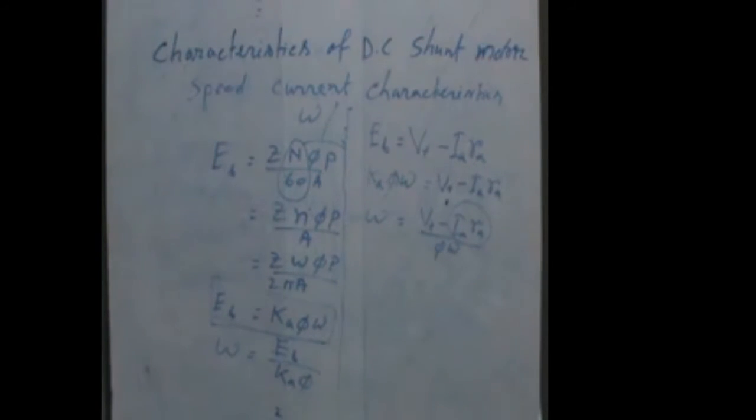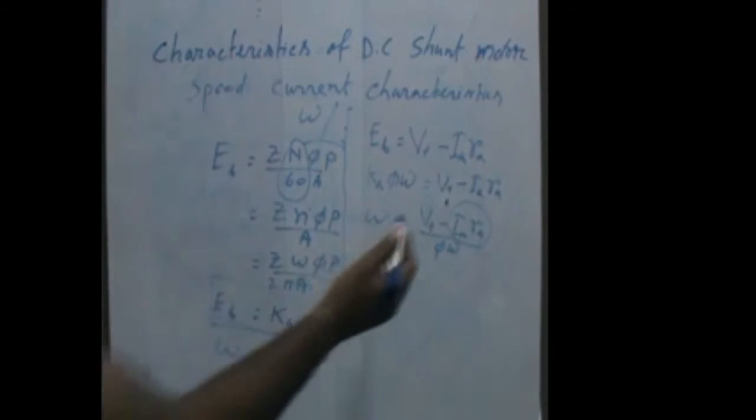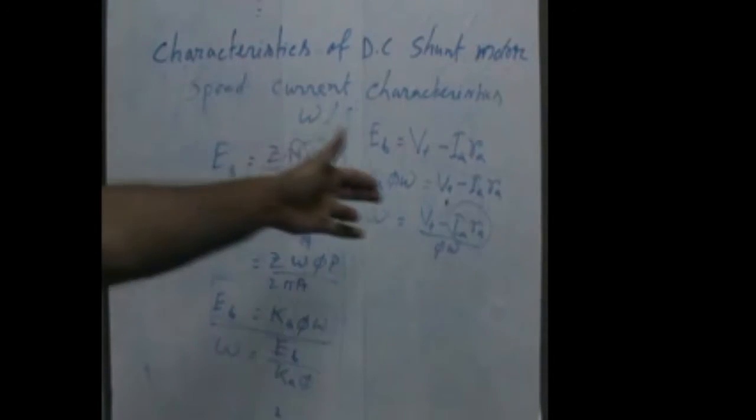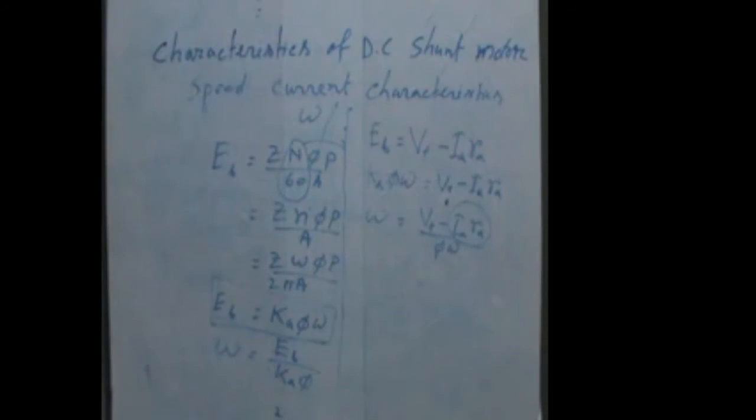So Vt minus Ia Ra, the numerator, will reduce gradually with the increment of Ia.